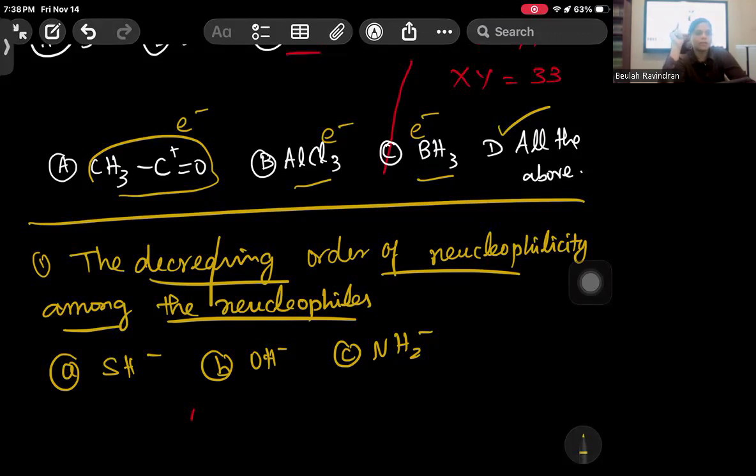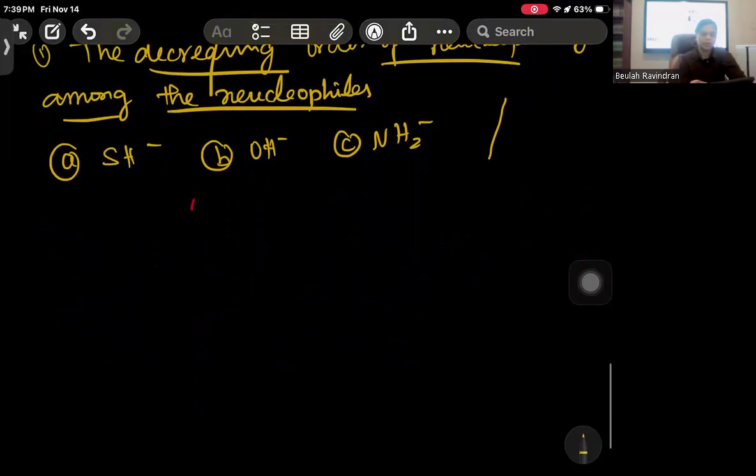The first option is SH minus, the second one is OH minus. Nitrogen, then oxygen comes, from left to right. So NH2 minus is a better nucleophile than OH minus.